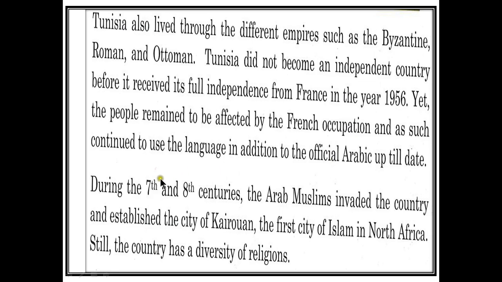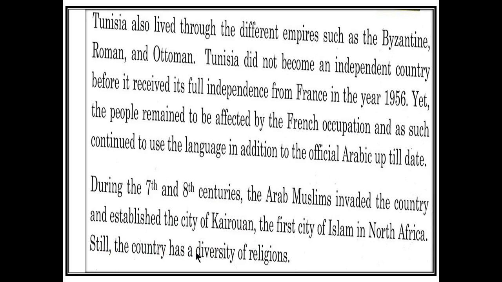During the 7th and 8th centuries, the Arab Muslims invaded the country and established the city of Cairo, the first city of Islam in North Africa. Still, the country has a diversity of religions.